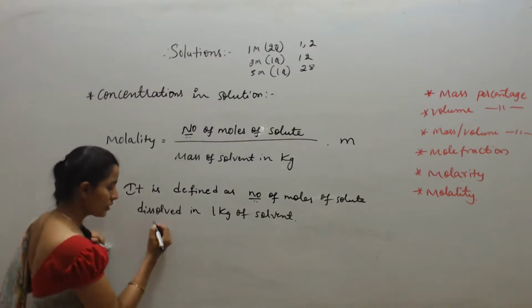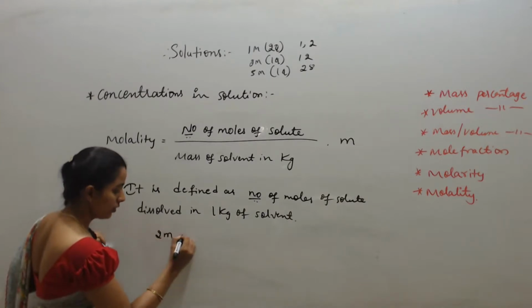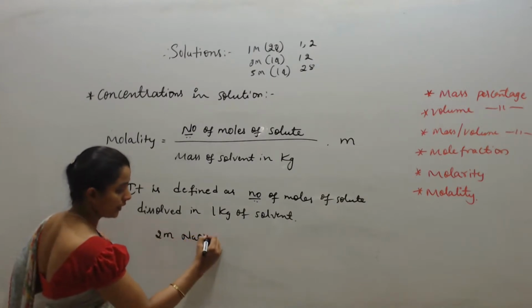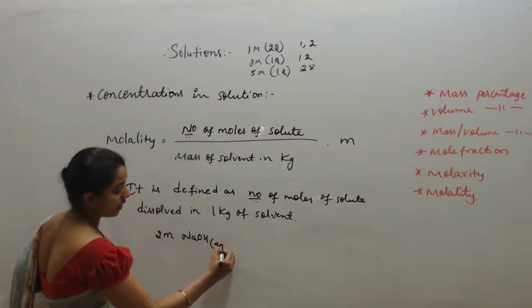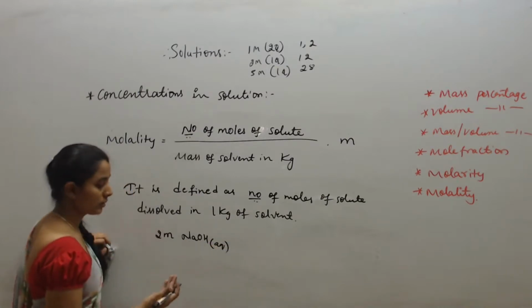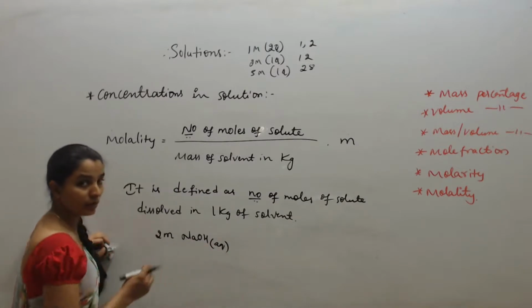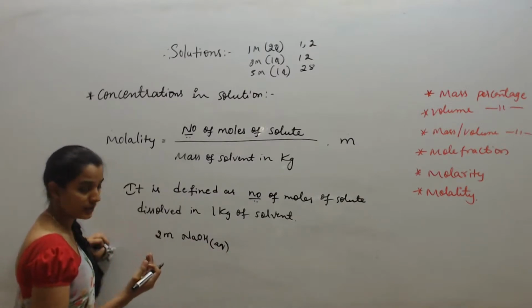So that means, students, if 2 mole NaOH solution, that is aqueous, is there. Now you have to say, instead of ml, you have to convert it into what? Kg.